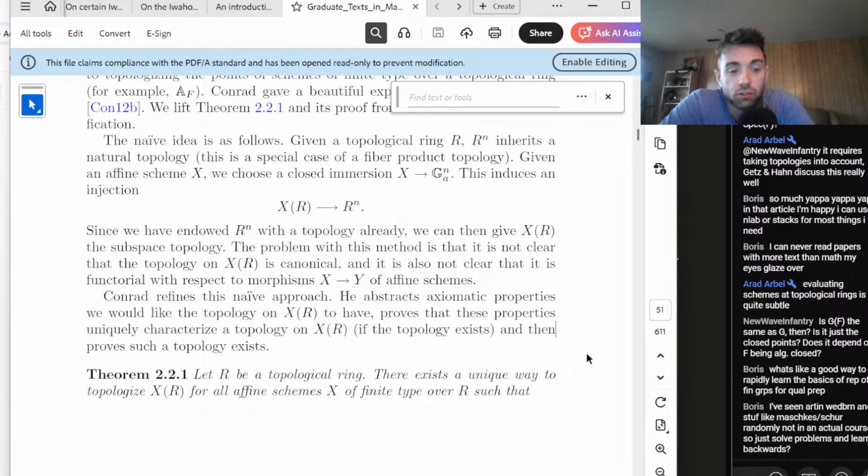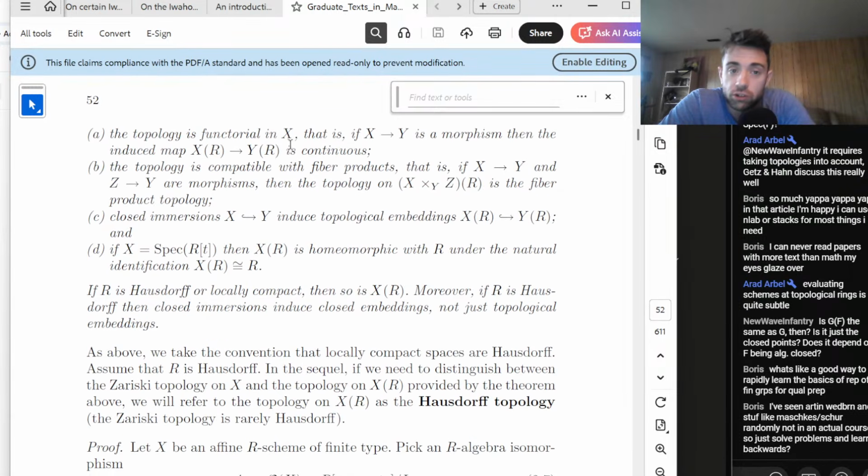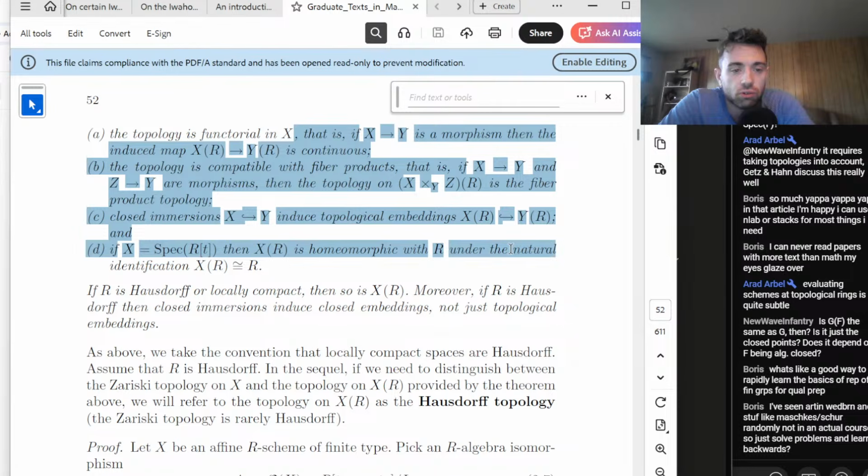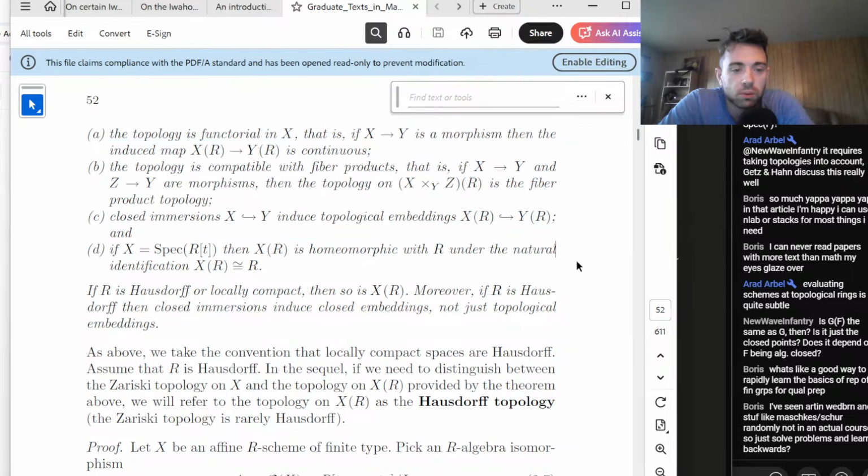So, theorem: there's a unique way to topologize X(R) for all affine schemes of finite type over R, such that the topology is functorial and compatible with fiber products, closed immersions, things that we would want.